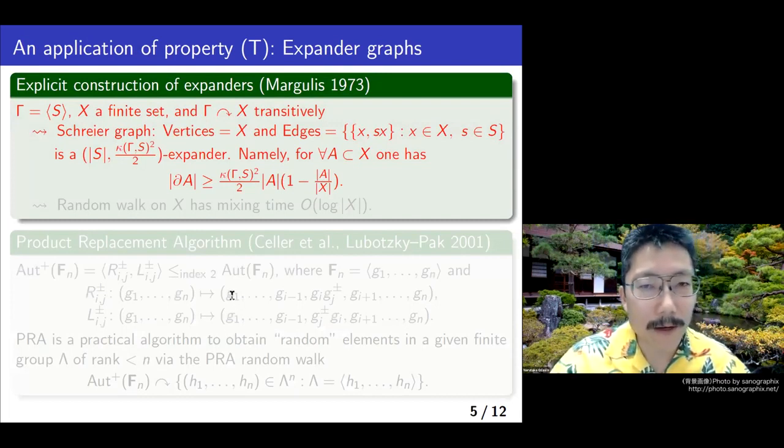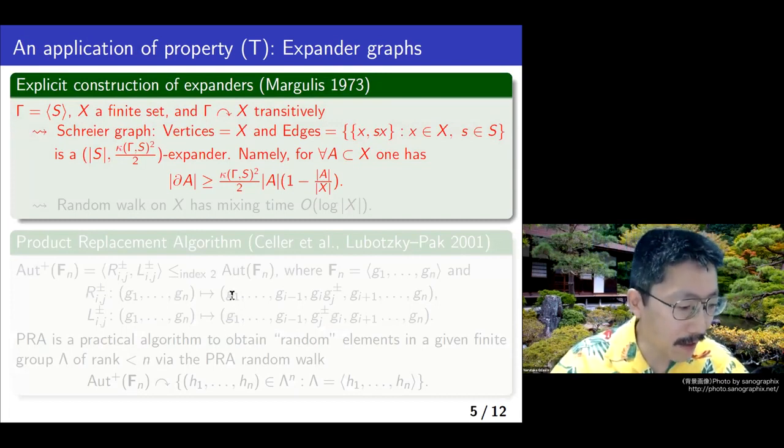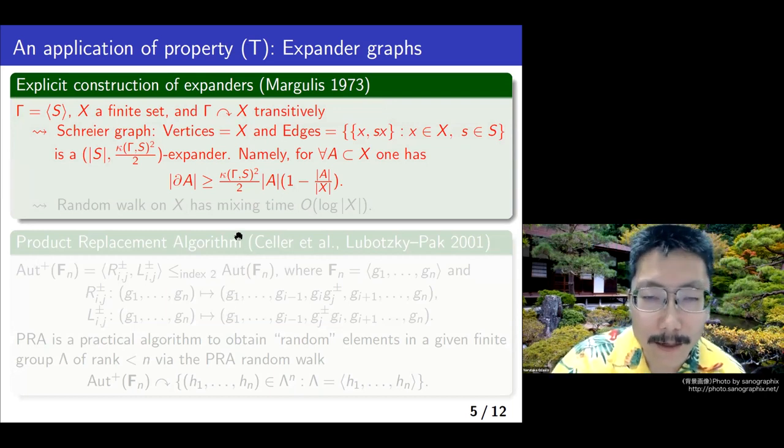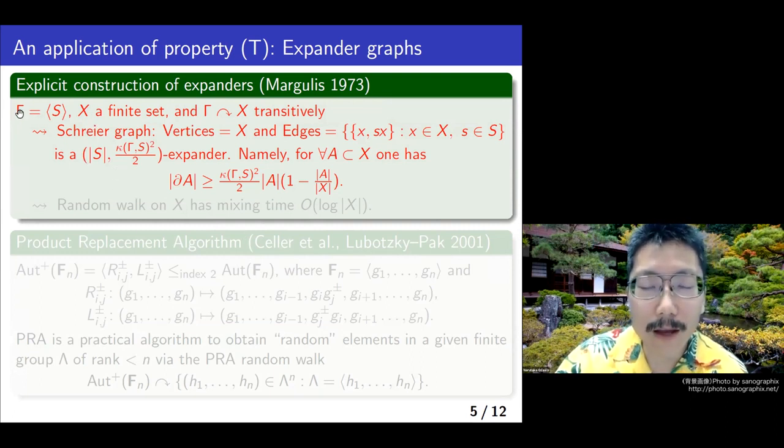There are many applications of Kazhdan's property T, but let me give you only one or two, essentially one. Gamma is generated by this finite generating set S, which is usually symmetric.